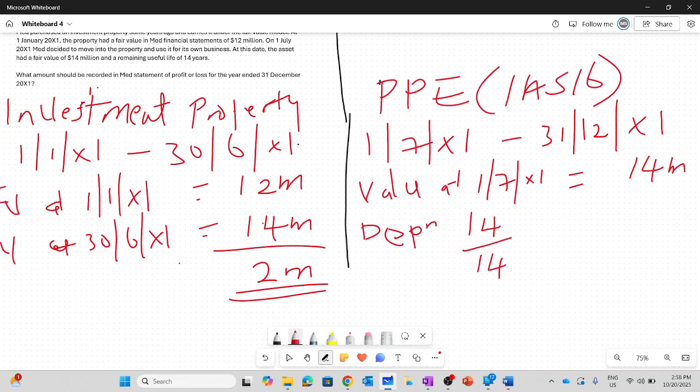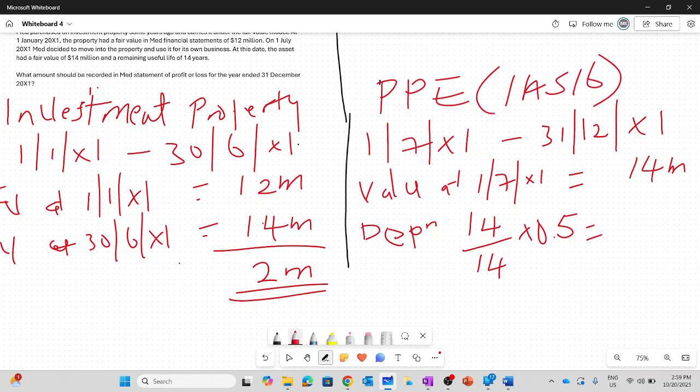So we only need a 6 month depreciation, not a year. It's very simple. We divide it by 2, or multiply it by 0.5. Let's make it simple: a 6 month depreciation.